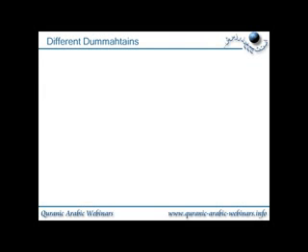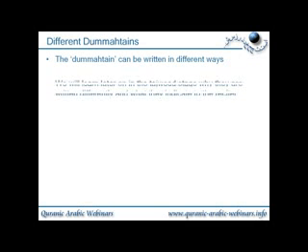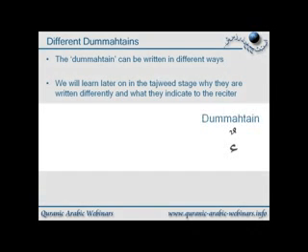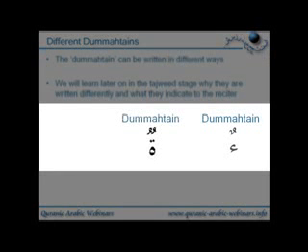The dummahtain can be written in different ways. We will learn later on in the Tajweed stage of our course why they are written differently and what they indicate to the reciter. I'm just going to put up three different ways you'll see it.